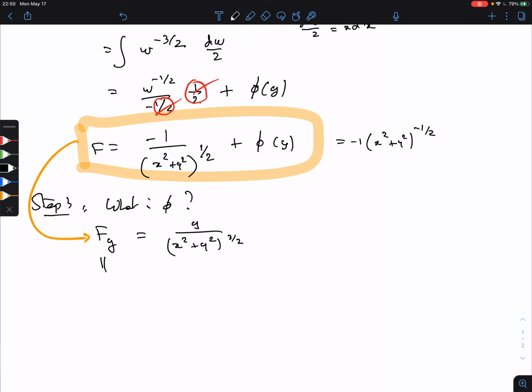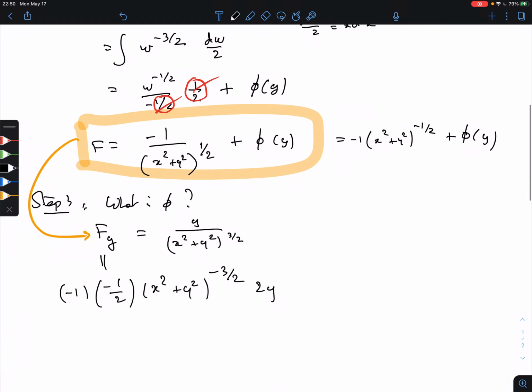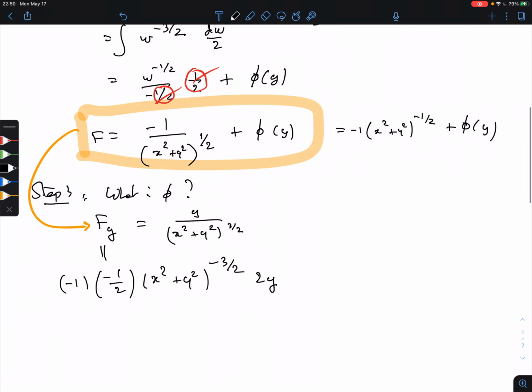So let me write it again like this here, because I'm going to have to do the power rule. So the power rule says, okay, minus 1 is there. Then you bring down the exponent and then subtract 1 from the exponent. So subtracting, remember, we're taking derivatives. Professor, don't make that mistake anymore. Okay, so minus 3/2. We're taking derivative with respect to y. That was an inside function, right? So we still have to take derivative of that inside function. That is 2y. Right? That's what we do.